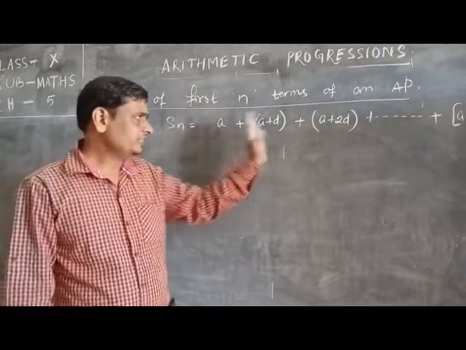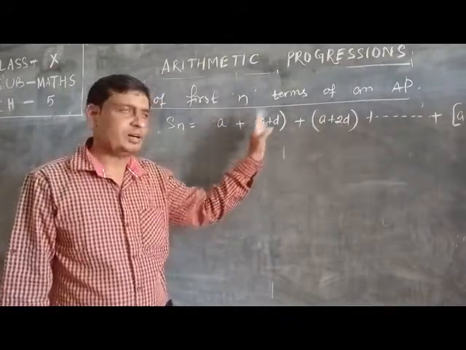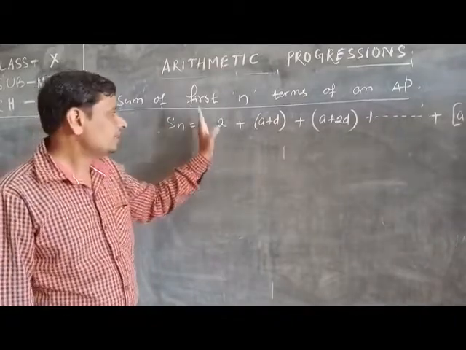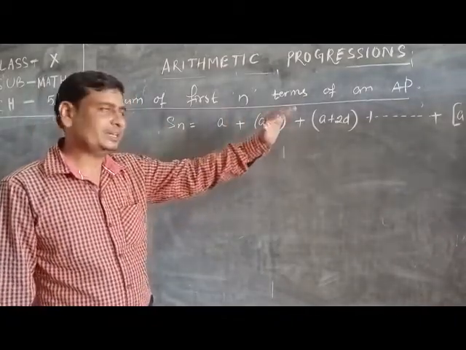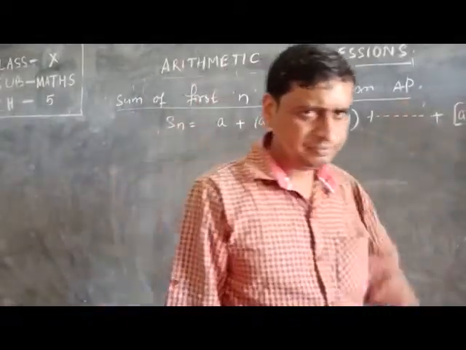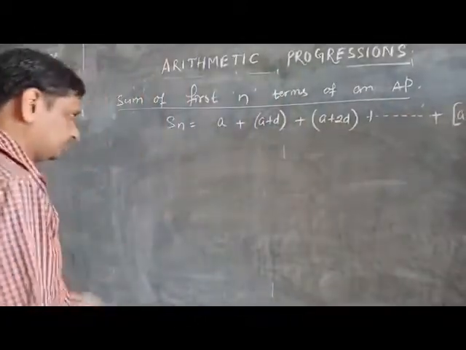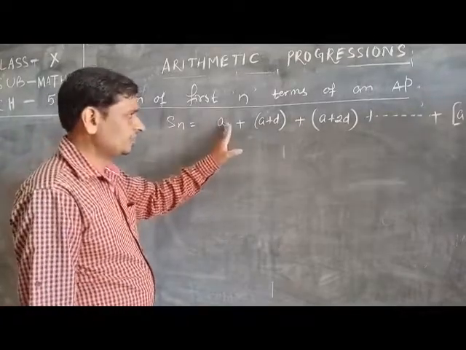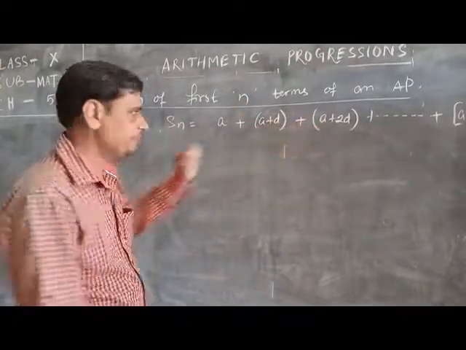How do we find the sum of this Sn? It is the result when we add all the terms of an AP starting from the first term, up to the nth term.